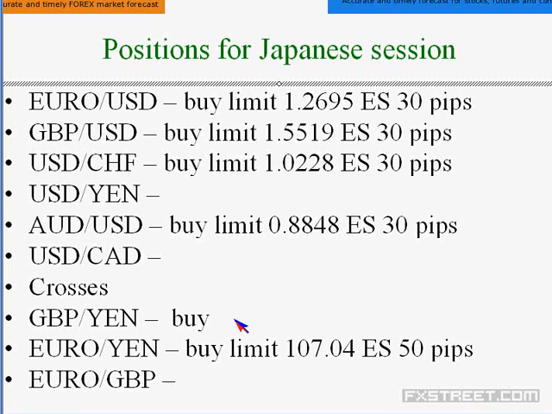So I'll keep a buy limit at 130.83 with an entry stop of 30 pips.